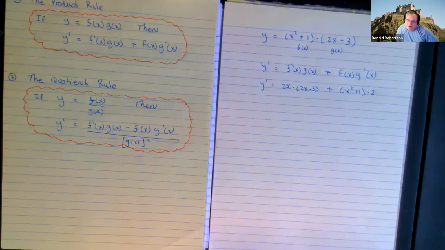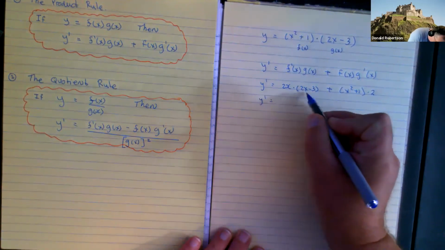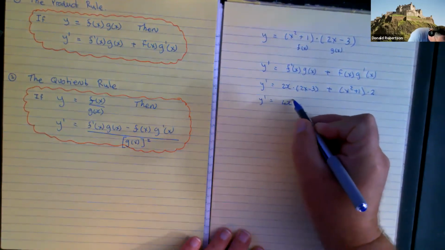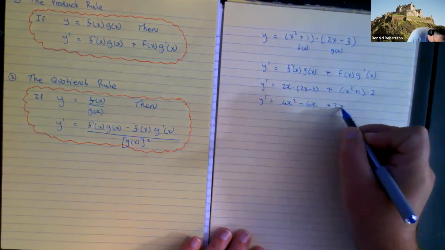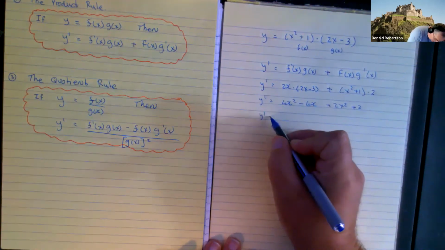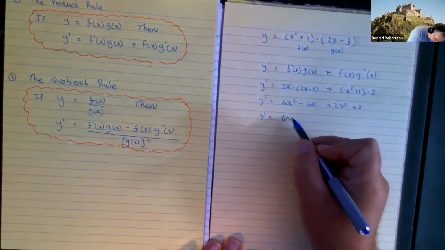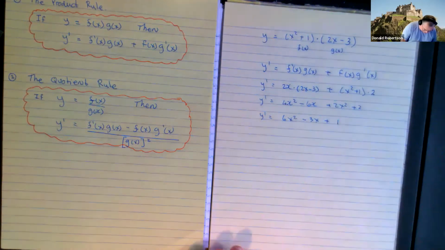What's going to happen now is we're going to try and make it look pretty. Distribute, you get 4x squared, take away 6x, plus 2x squared plus 2. Collect like terms, 6x squared minus 3x plus 1.